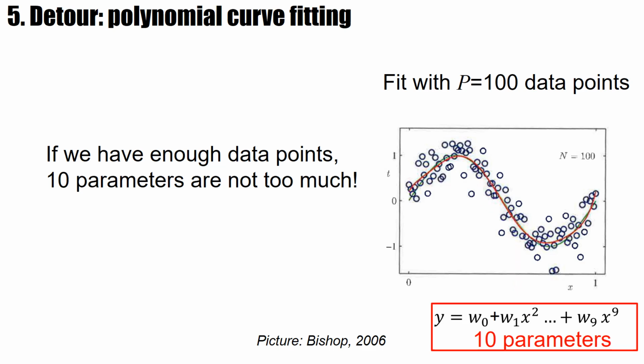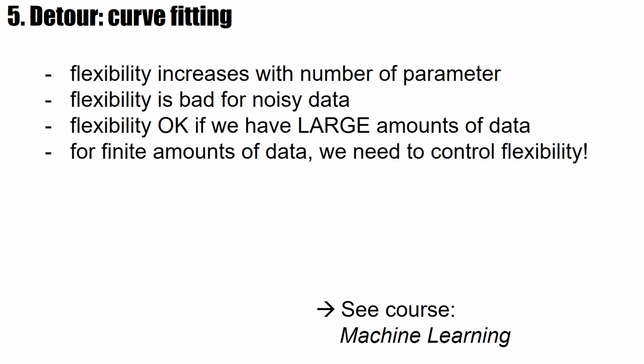So somehow the number of parameters must be adjusted to the number of data points. This example of curve fitting shows that the flexibility increases with the number of parameters. Flexibility is bad for noisy data, but flexibility is okay if you have a large amount of data. But for a finite amount of data, we need to control flexibility.